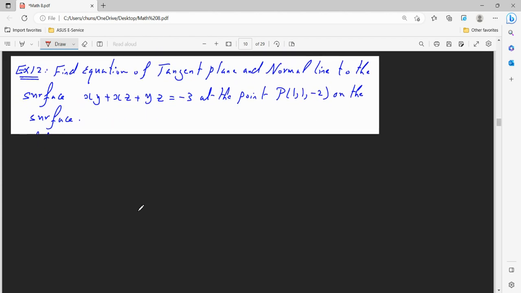Okay, so if we were to apply this, let's find an equation of a tangent plane and normal line to the surface xy plus xz plus yz equals negative 3 at our point 1, 1, and negative 2 on our surface. Right, so this represents our function for our gradient.